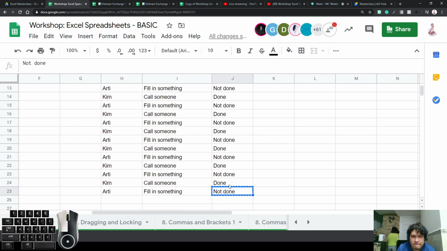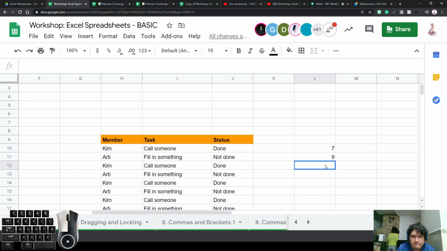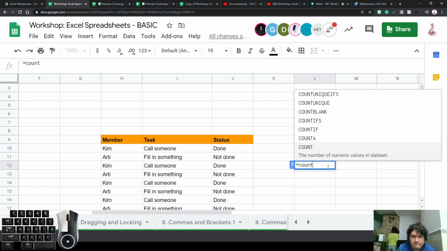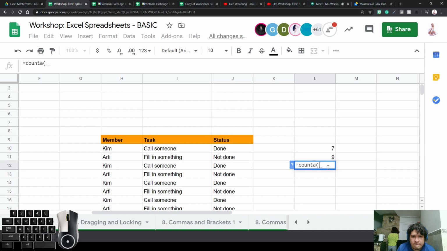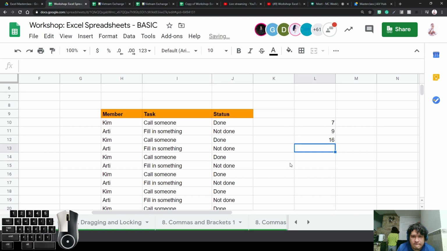Okay, so I have 7 tasks done, 7 tasks not done. And let's say I want to know the total tasks I gave. I can use COUNTA. I'm gonna select everything again and press enter. And I know I had 16 tasks. So these are very useful formulas for that.